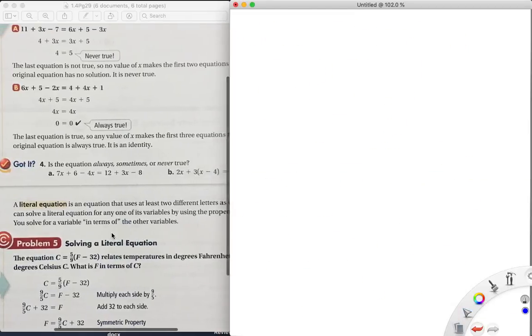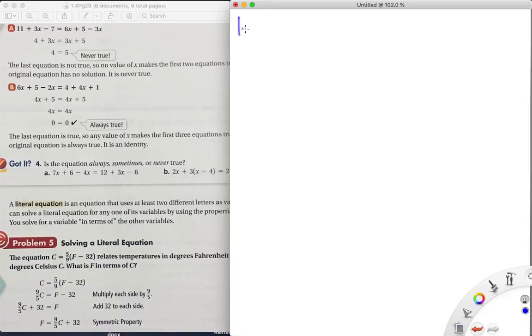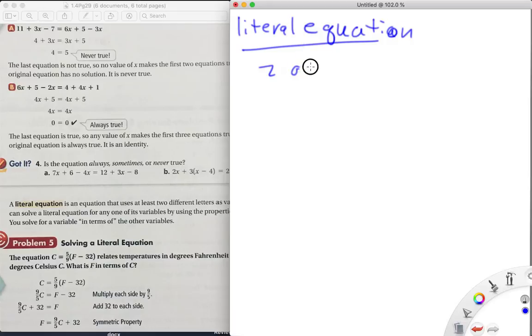Literal equations. A literal equation is an equation that has 2 or more variables in it.